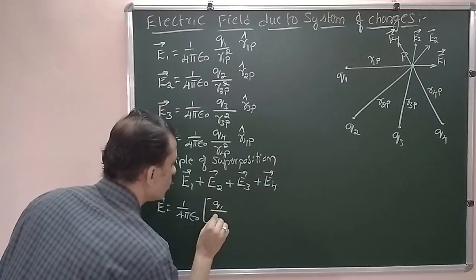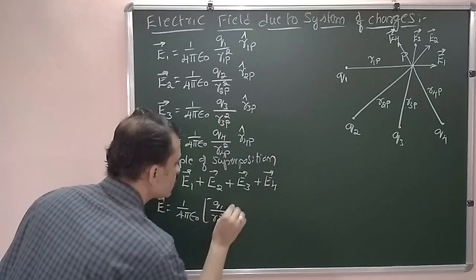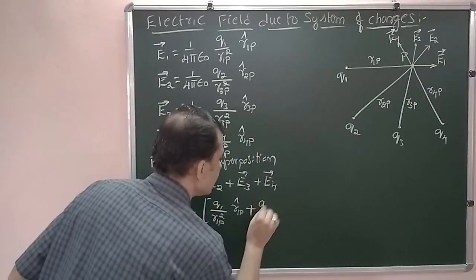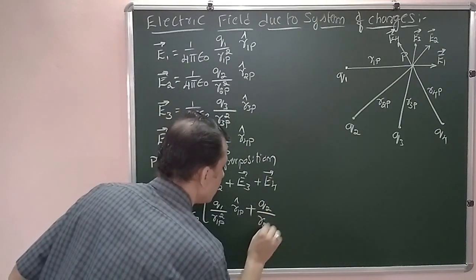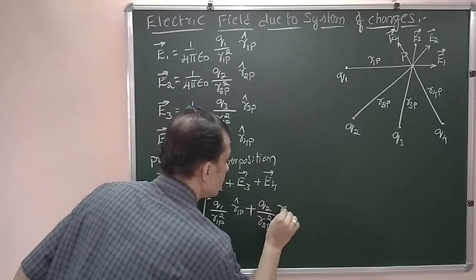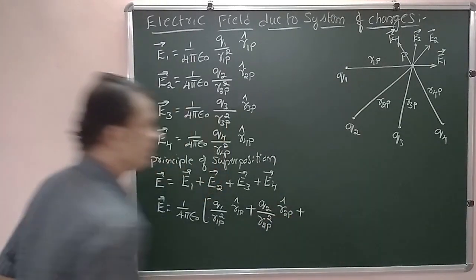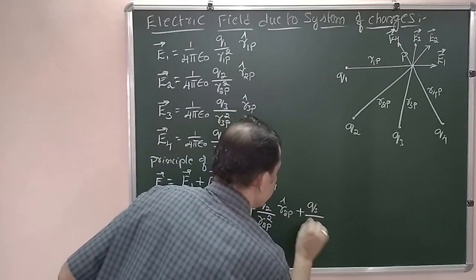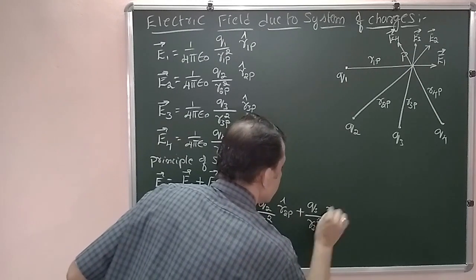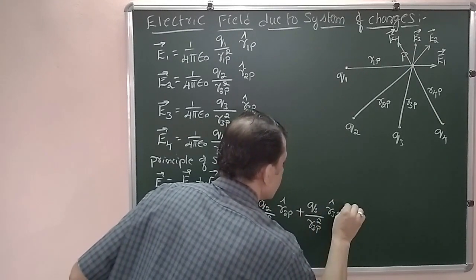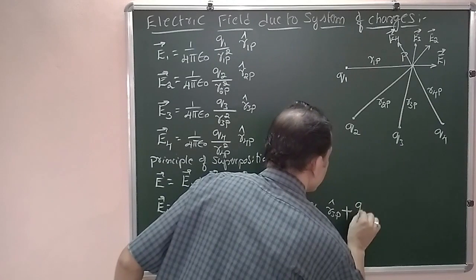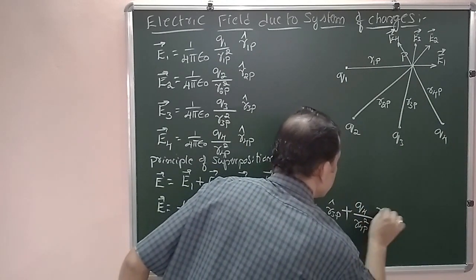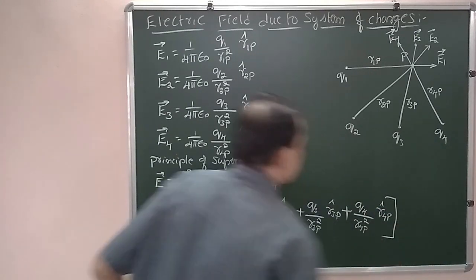That is Q1 divided by R1P square R1P cap, plus the second term Q2 divided by R2P square into R2P cap, plus the third one Q3 divided by R3P square into R3P cap, plus the fourth term Q4 divided by R4P square into R4P cap.